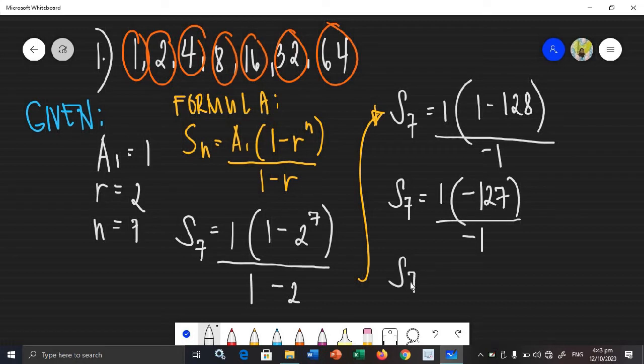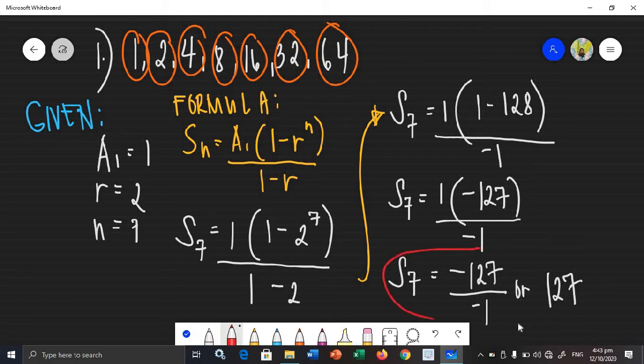So, S sub 7 is equal to 1 times negative 127, which is negative 127 all over negative 1. We can simplify this. Pwede natin i-divide si negative 127 kay negative 1. So, the answer will become 127. Negative divided by negative is positive. Therefore, the sum of the first 7 terms of this geometric sequence is equal to 127. Ito lang.